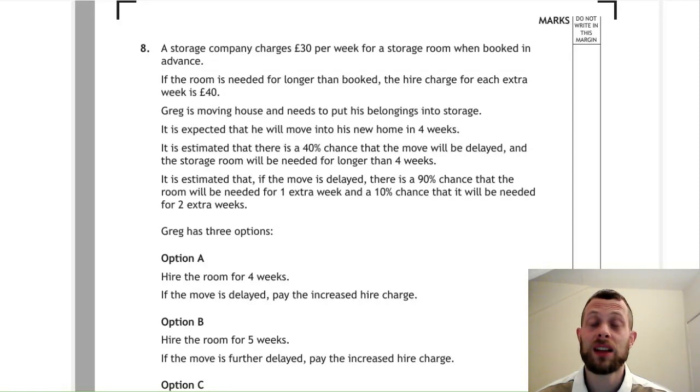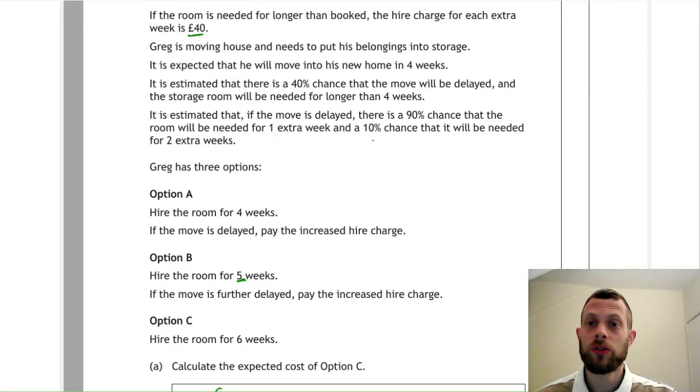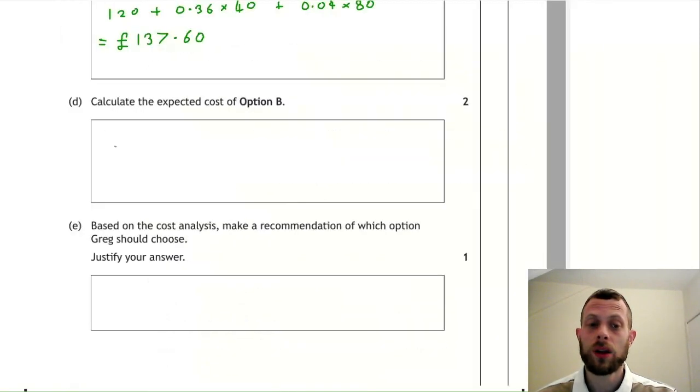Part D, we have to work out the expected value of option B. It does seem like we are doing the same thing more than once. Option B, you have to hire the room for 5 weeks. Each week costs you £30, and then anything extra beyond the 5 weeks will cost you £40 per week. So you have to do 5 times 30, which you'll have to pay whatever happens, £150. Then we have to add on the possible extra payment.